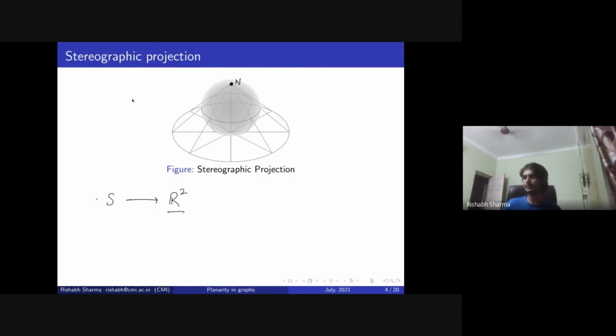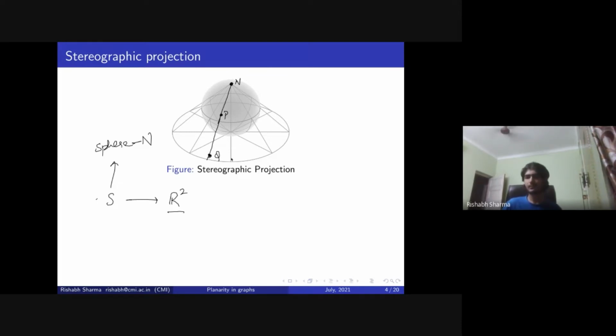I'll denote the sphere minus N as S minus N. What we do is take any point P on the sphere, join N to P, and extend this line until it intersects the real plane.